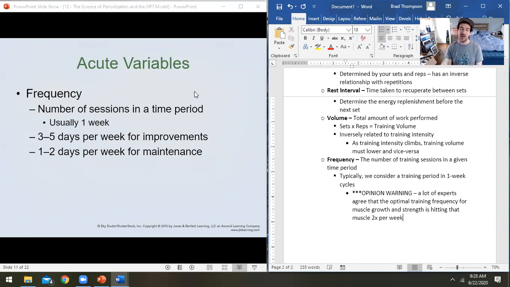So obviously you don't want to hit it Monday and Tuesday. You want to take a little bit of rest in between. But a lot of research suggests that optimal training frequency is about 2 times per week.